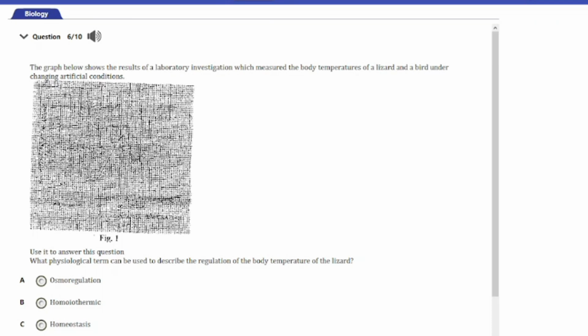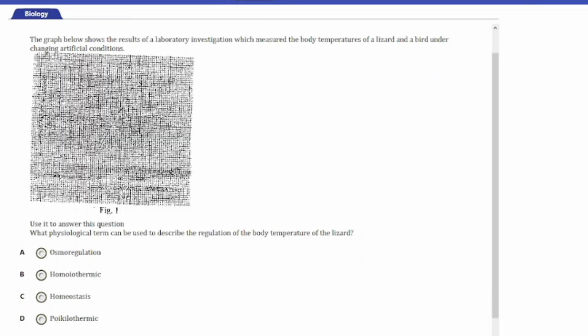We have A. Osmoregulation, B. Homeothermic, C. Homeostasis, and D. Poikilothermic. So guys, the answer to this question is option D. Actually, the lizard is poikilothermic in nature, and that's it for that question.